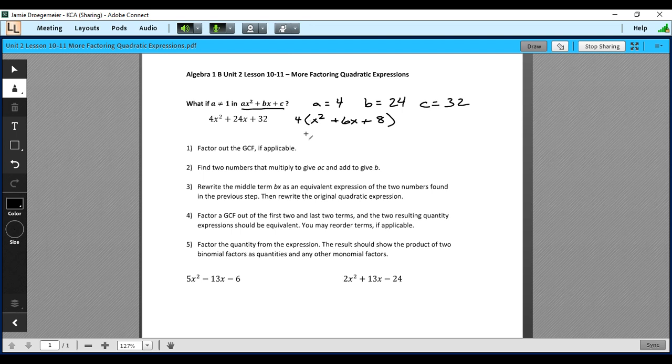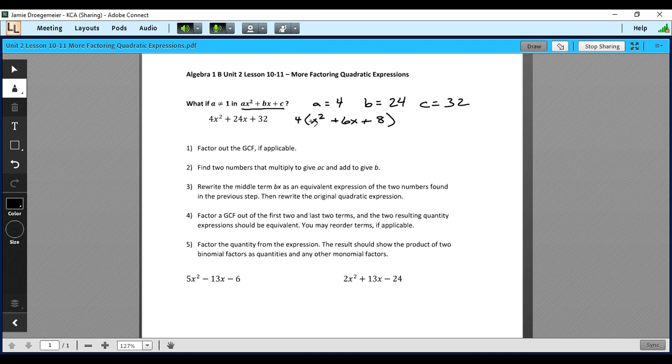So at this point, I could use the steps that we went through in our last video to factor this one. But I'm going to go ahead and use the information we have here, follow these steps, and we'll get to the same place. So it says we want to find two numbers that multiply to give us AC and add to give us B. Well, now our A is 1 and our C is 8.